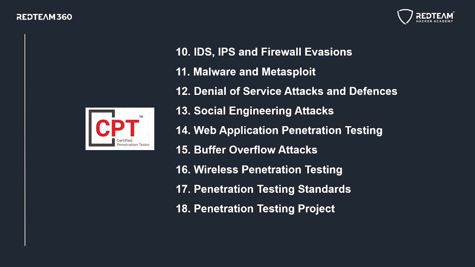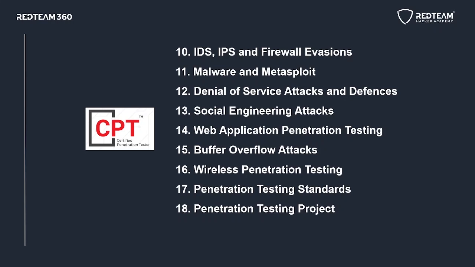Then we move to malware. Malware is the payload that attackers normally use. If I am an attacker, I exploit a vulnerability and get access to a target system. After that, I will upload a payload on that target system, and the payload will do whatever I have programmed it to do.